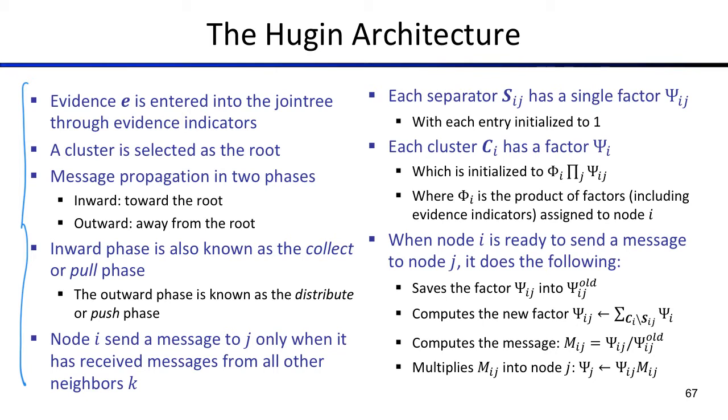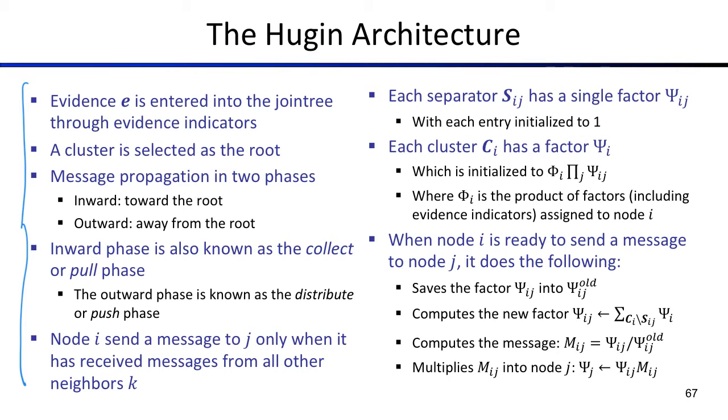multiplication of factors and messages in the clusters, and that is something that is good and bad at the same time. The first thing is bad because the clusters tend to be larger than the separators, so we will spend more memory in the Hugin architecture than the memory that we spend in the Shenoy-Shafer architecture.